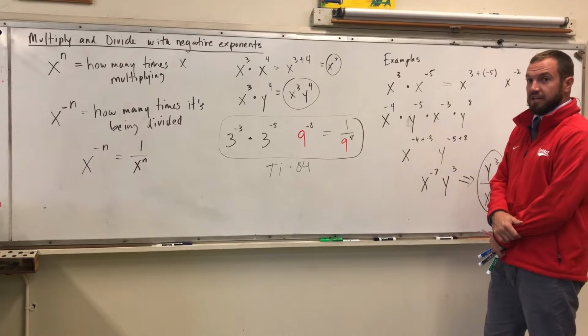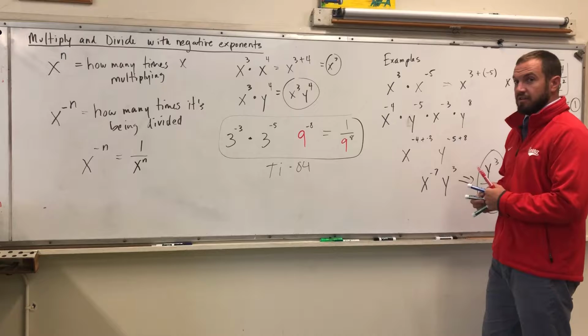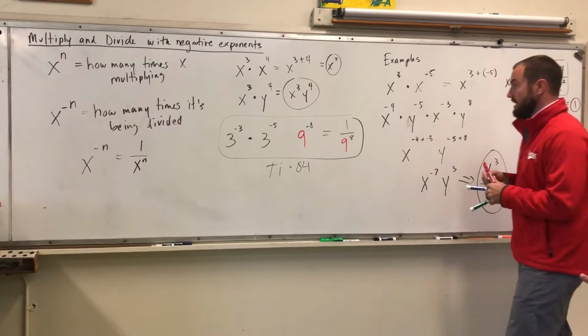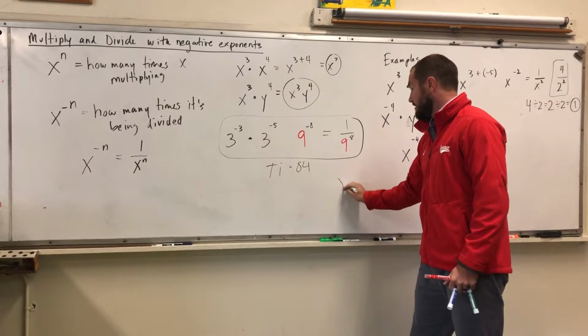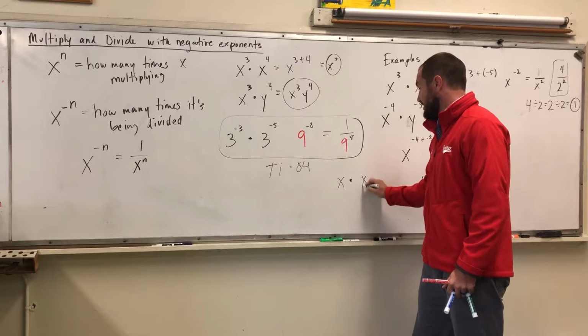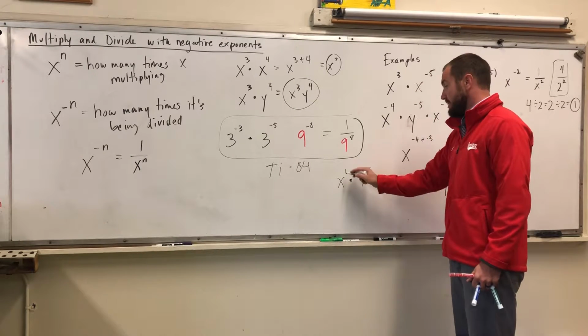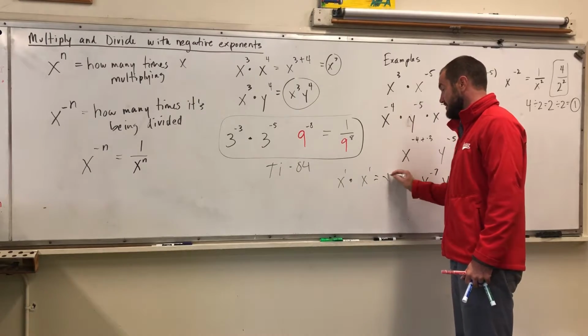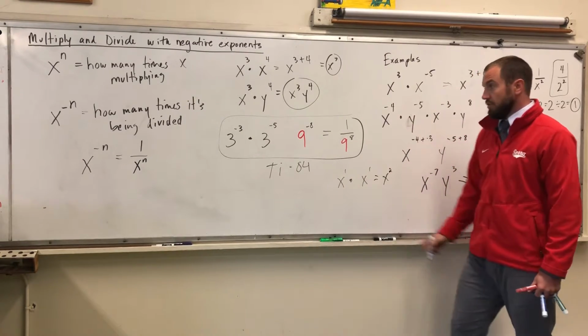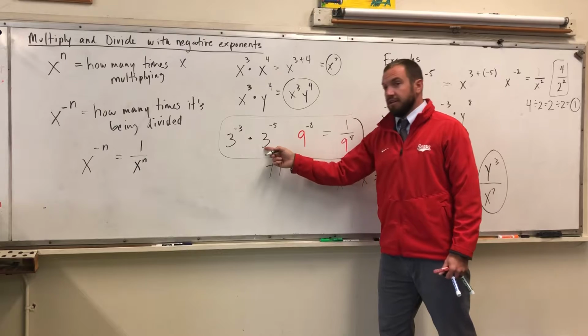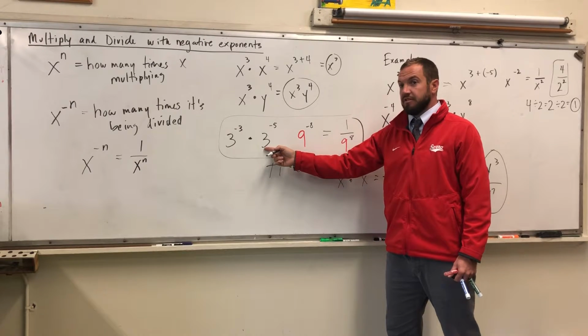Or are you saying, like when we multiplied x times x, we were evaluating, let's say we have x to the first, this is x squared, right? So here, you're multiplying by a similar base.